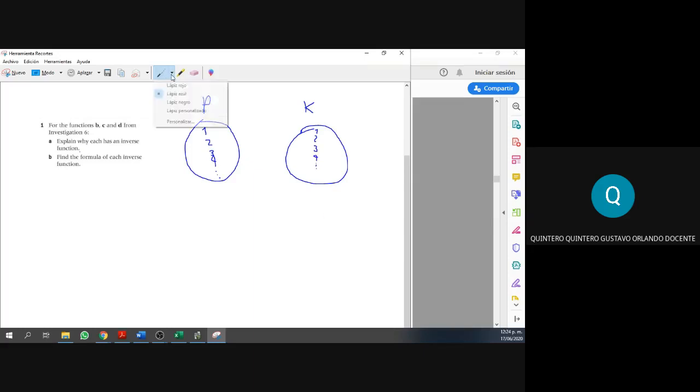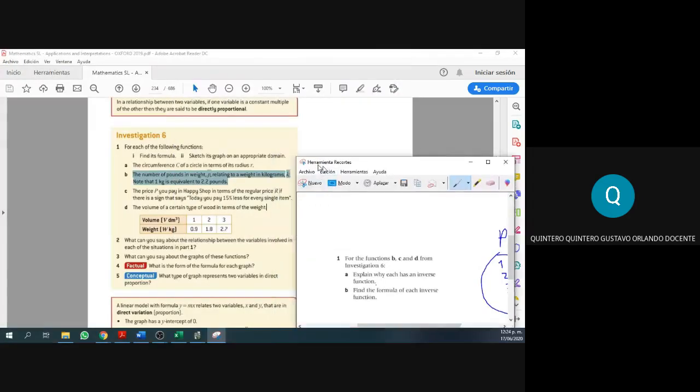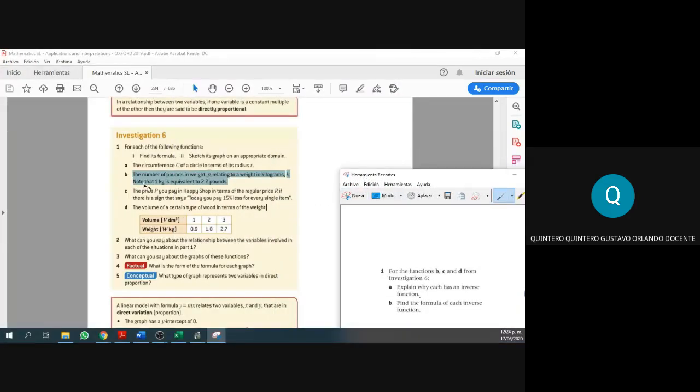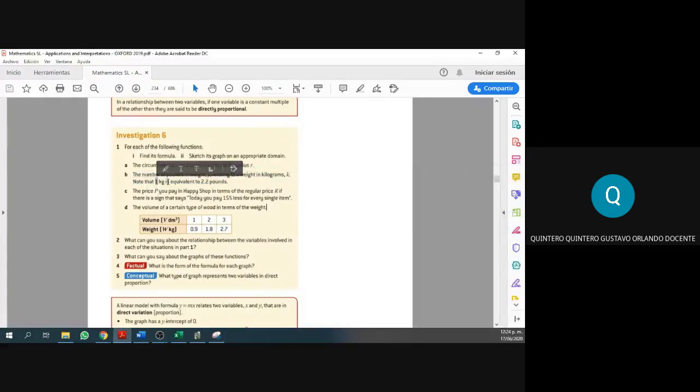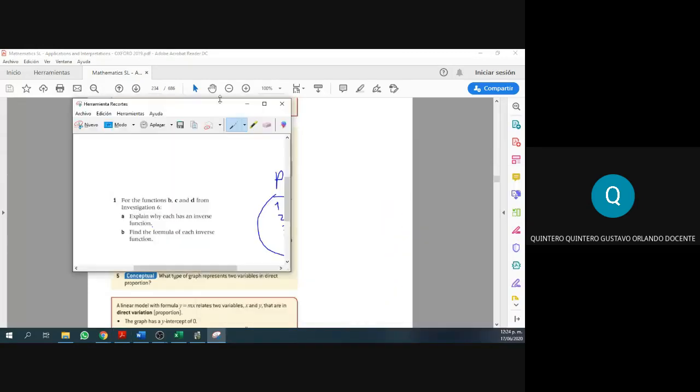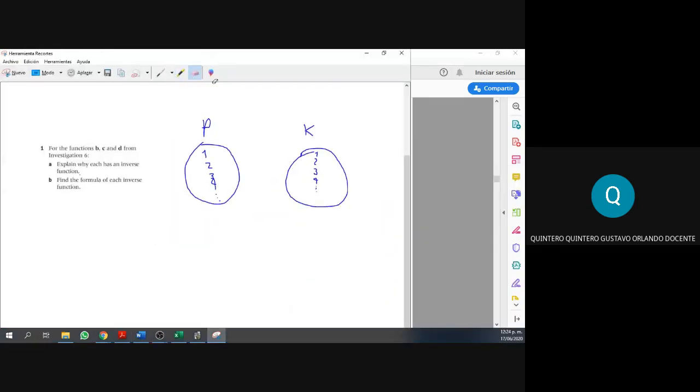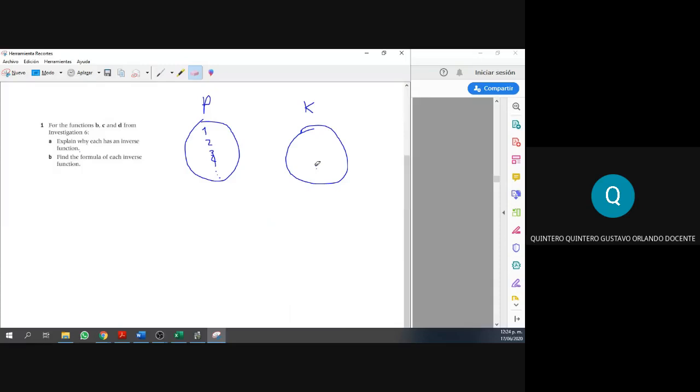Now, how would the lines be done? We notice that 1 kilogram is equivalent to 2.2 pounds. So I have to raise this, because now from 1 I'm going to make a line to 2.2, right? No, let me do it backwards.